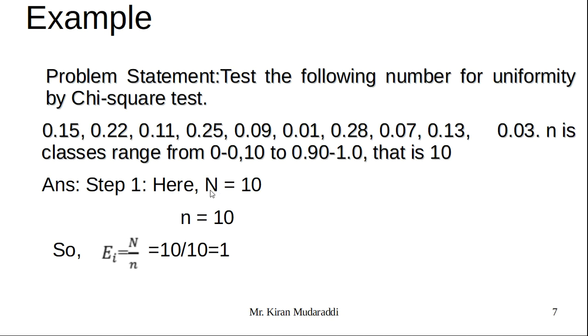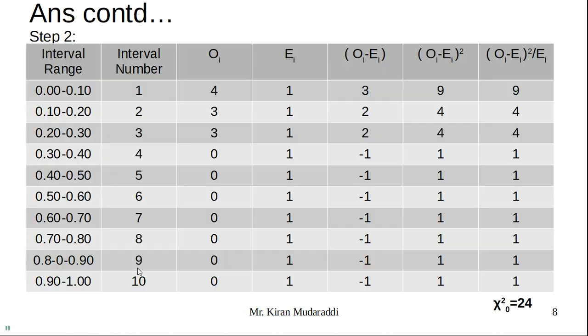So uppercase N equals 10 and lowercase n equals 10. You will come to understand this better while I solve the example in step 2. Capital N is 10, the total number of random numbers, divided by the number of classes. I'll show you the classes.